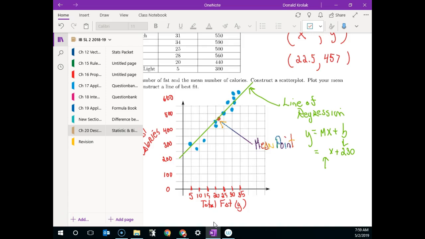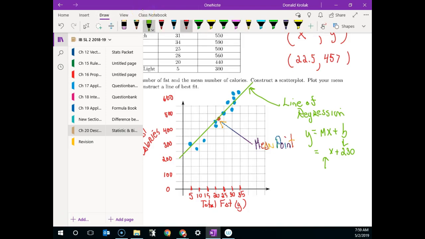Now calculate the slope. My slope looks like it's 1 up, 1 right, which is really 50 up and 5 right. So my slope is a change in 50 over a change in 5, which is around 10.